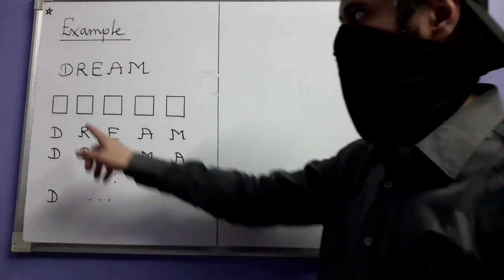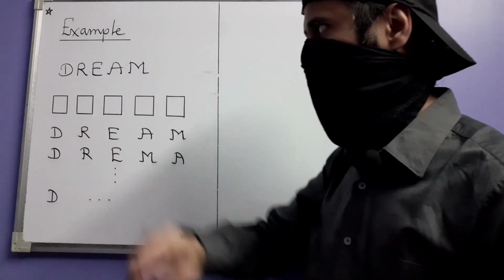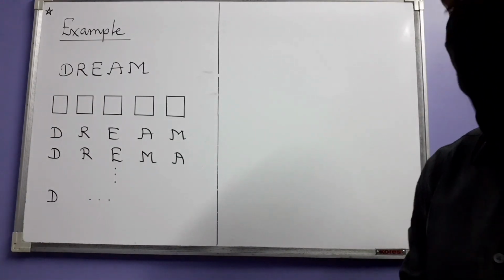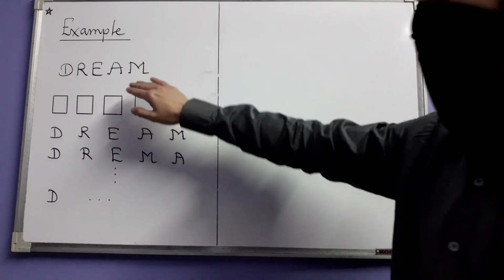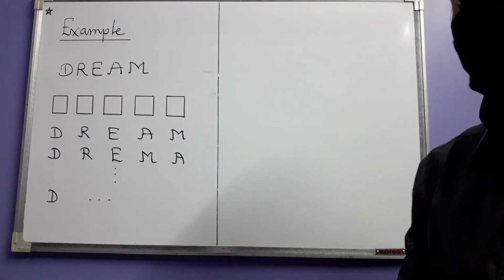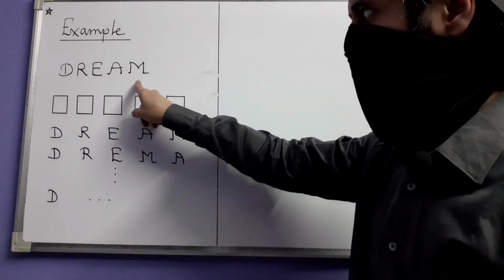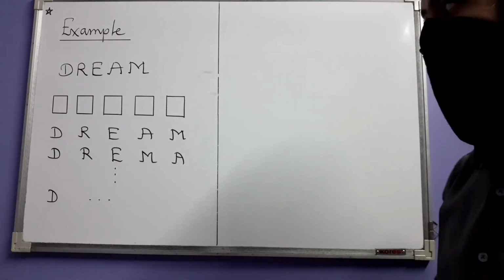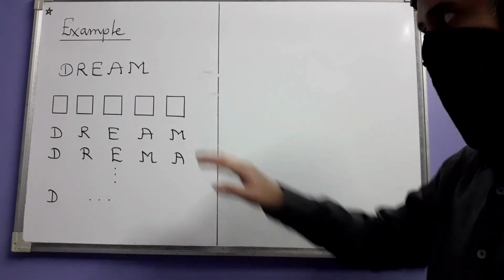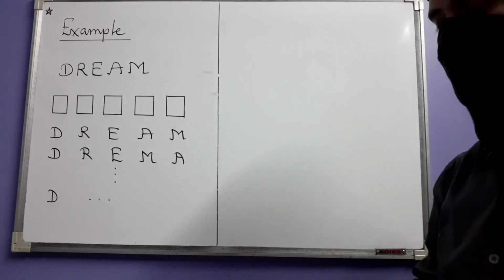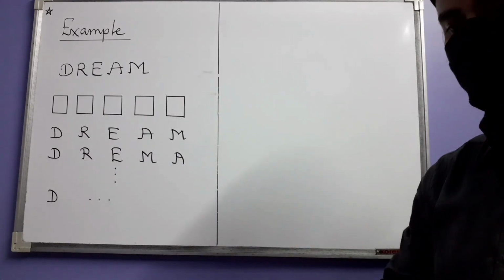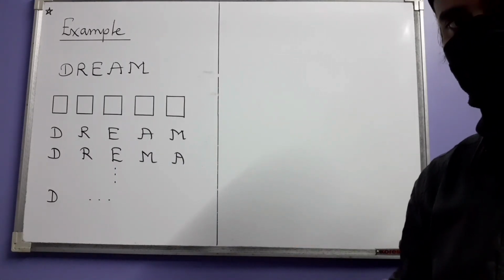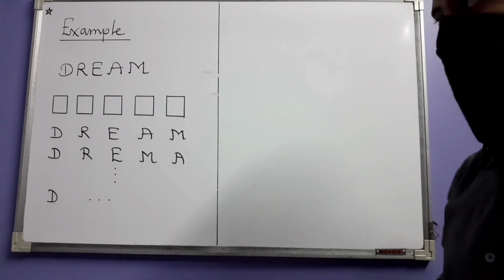Say you decide to fill in the first box with D. Then that leaves you with the remaining part. Using these 4 letters, you are to fill the remaining 4 boxes, keeping the condition intact that letters cannot be repeated.